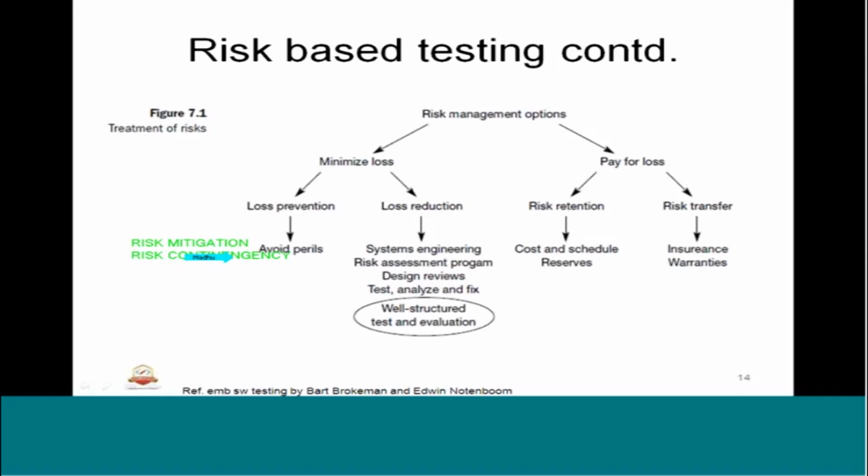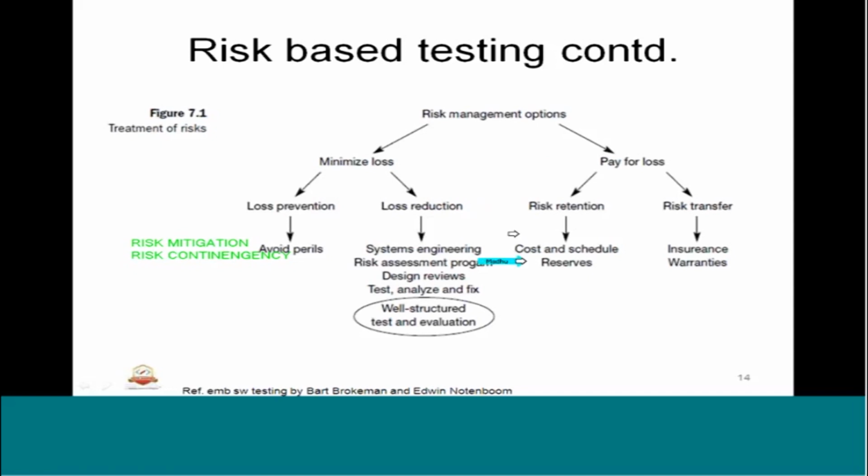And if the loss has already occurred and the failures are there, the risk is realized, then we have to pay for the loss. So how are we going to de-risk it or treat it? So risk retention, cost and schedule reserves.